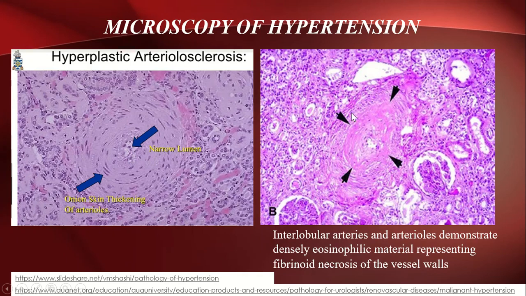But this biopsy was taken from malignant hypertension kidneys, and here you see the interlobular arteries and arterioles that demonstrate densely eosinophilic material representing fibrinoid necrosis of the vessel walls. This is the microscope of malignant hypertension.